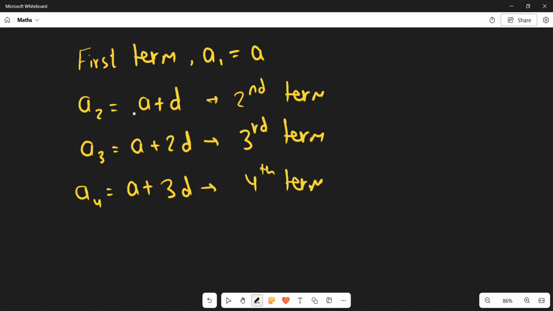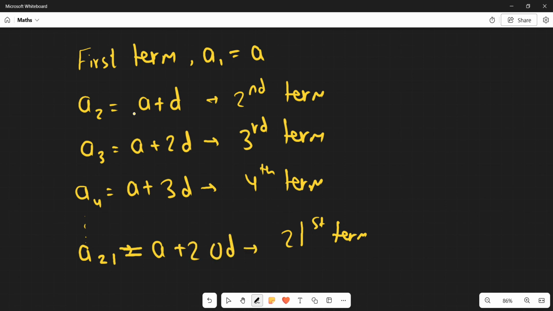I'll skip and come to A21, which is the 21st term of the sequence, calculated as A21 equals A plus 20D. What if I want to calculate A99, the 99th term?